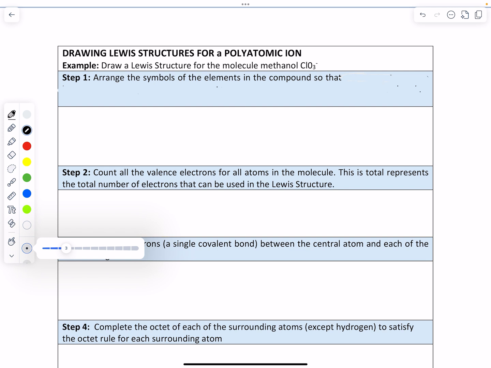We want to arrange the symbols of the elements so that there is a single atom in the center.